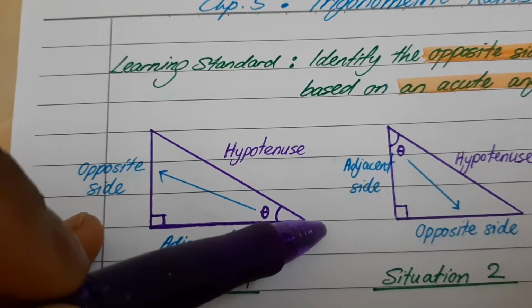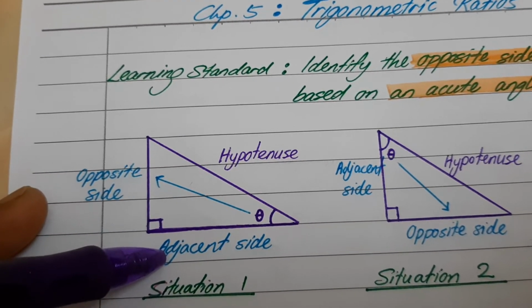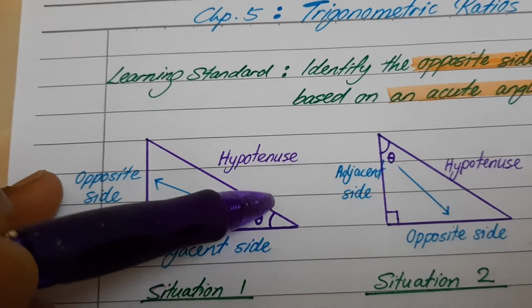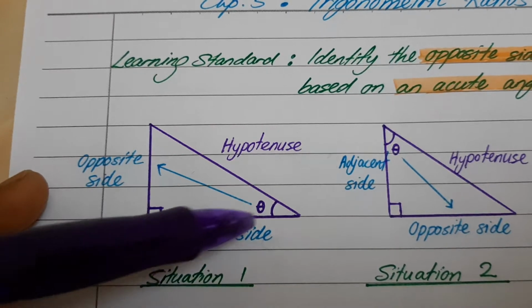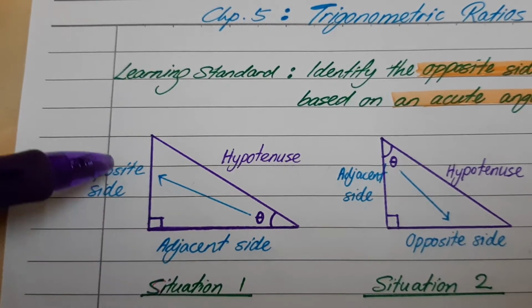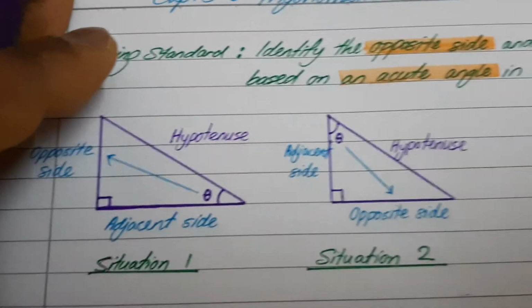Therefore, the line beside the angle is what we call the adjacent side. And the line opposite to the angle is what we call the opposite side. Now you can see the difference here.